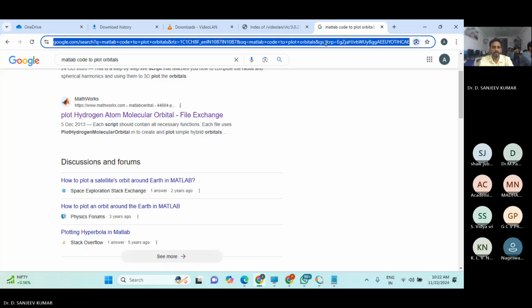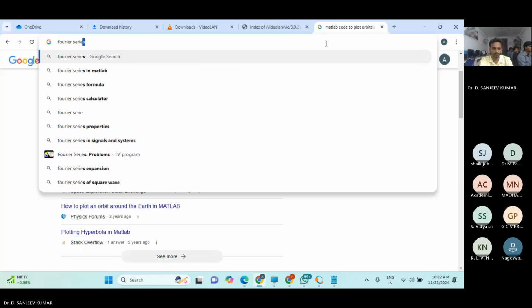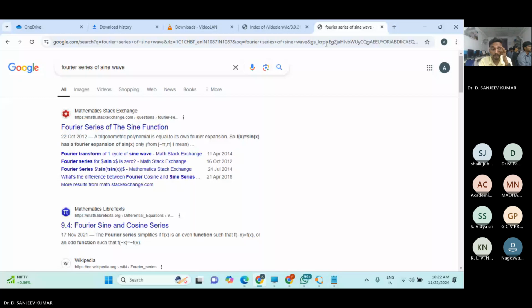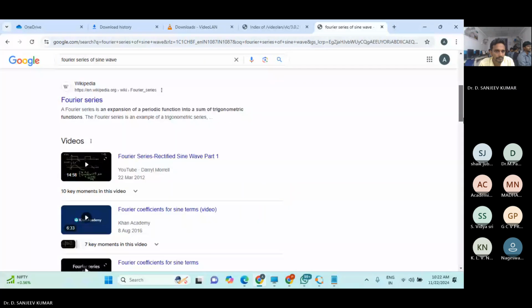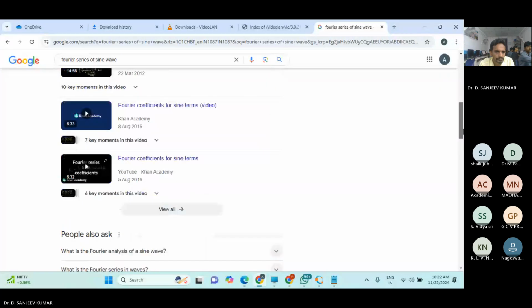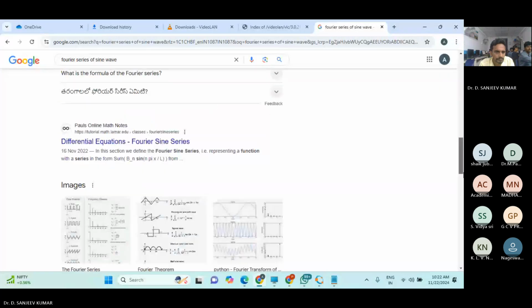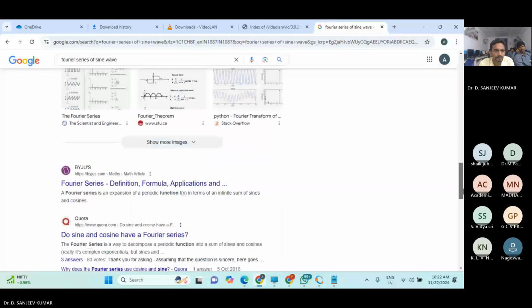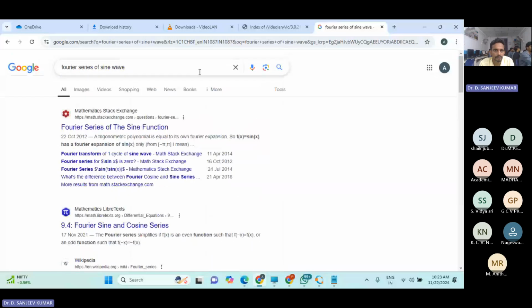Let's say I consider the Fourier series of a square wave.